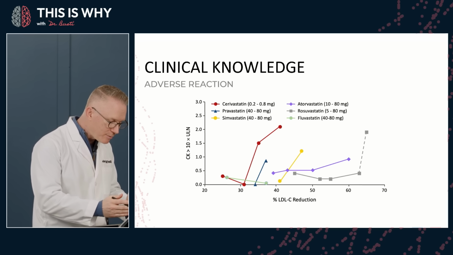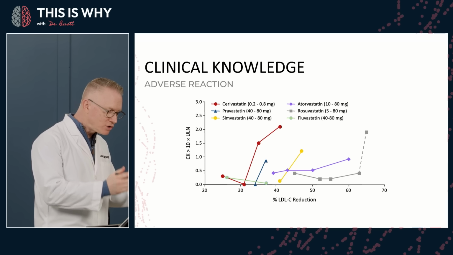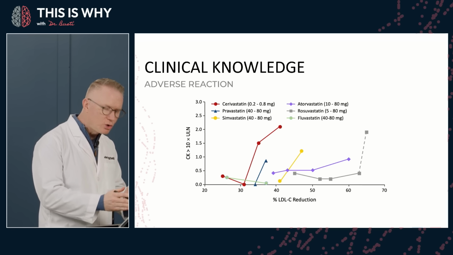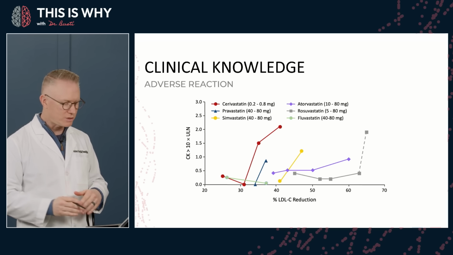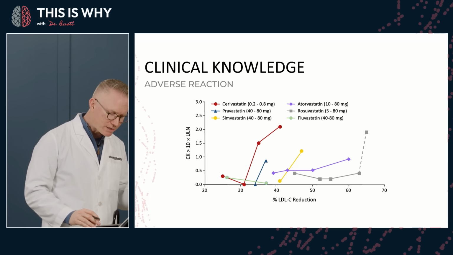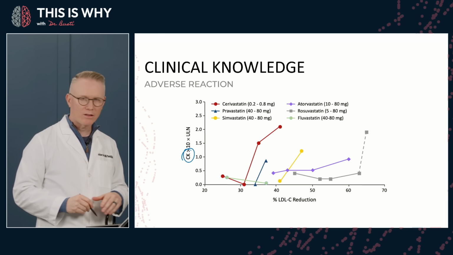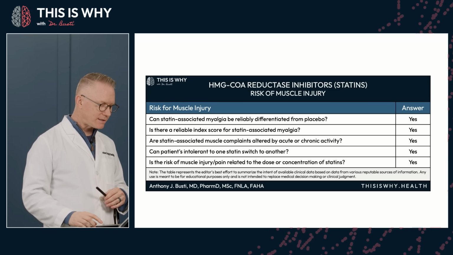Now, going back to who gets it, why, and how. Again, you see the same sort of effect in the diagram here, that you have a dose concentration dependent effect. It has nothing to do with the potency of the statin. It has everything to do with the concentration of that statin and its risk of elevations in the CK, which would be manifestation of muscle breakdown.